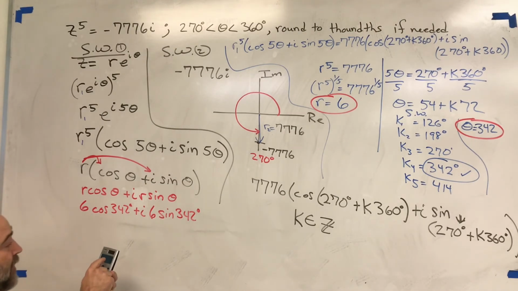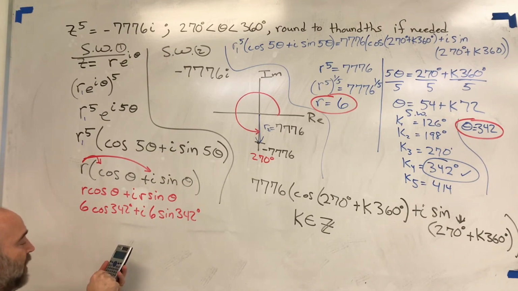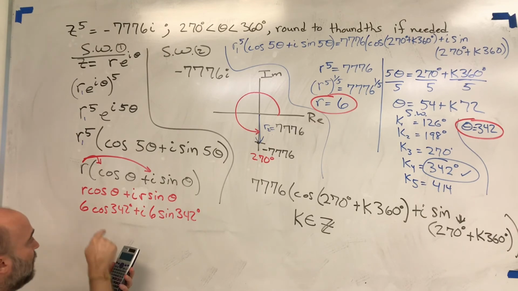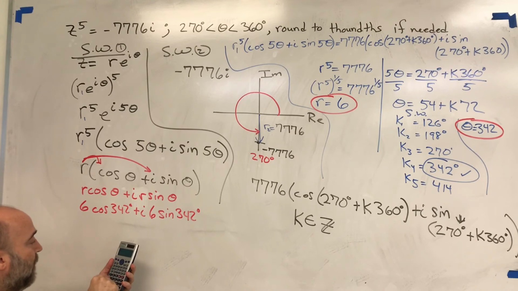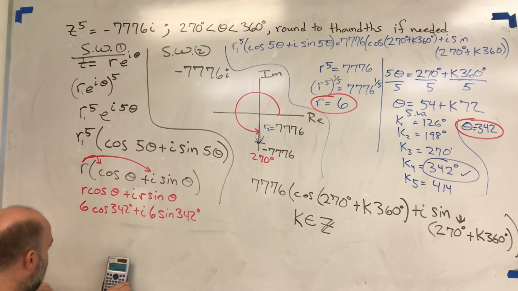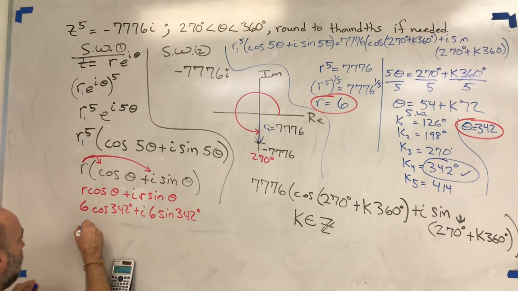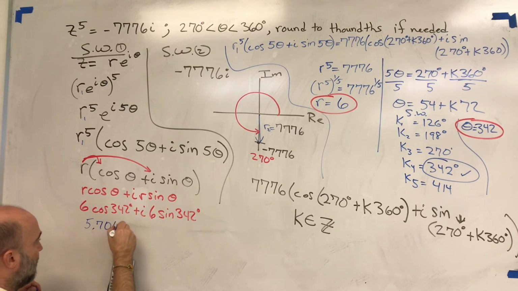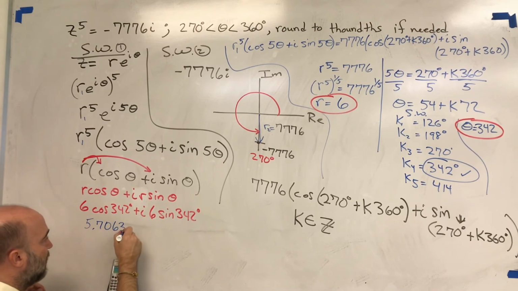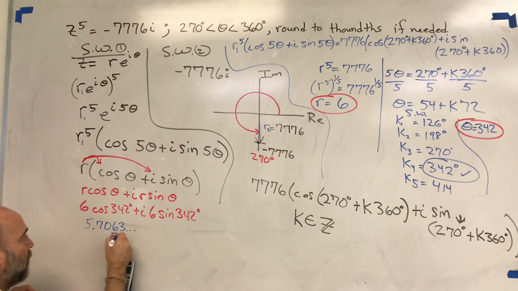Make sure you're in degree mode. We're talking about degrees here. So I'll do this one first. Cosine 342 equals, times 6 equals. So for this one, I get 5.7063 dot, dot, dot. That's all I need. I'm rounding there.